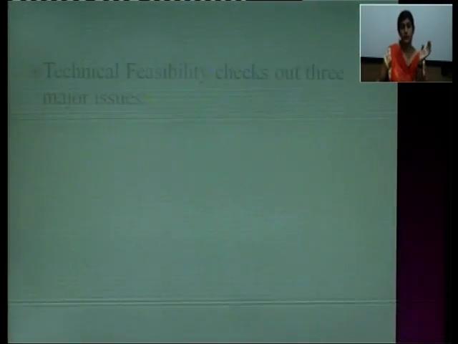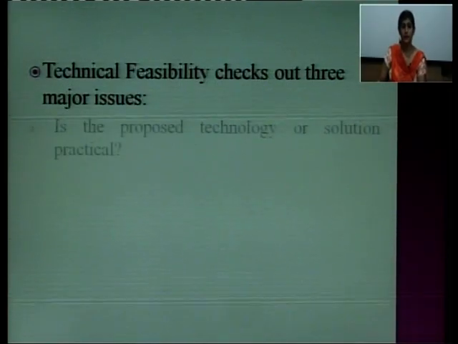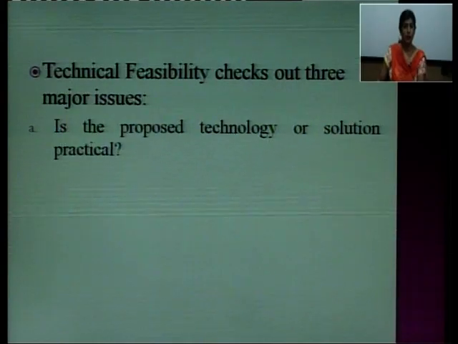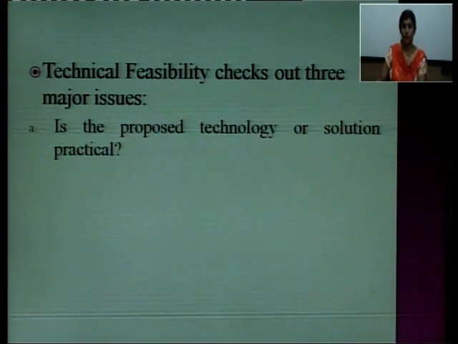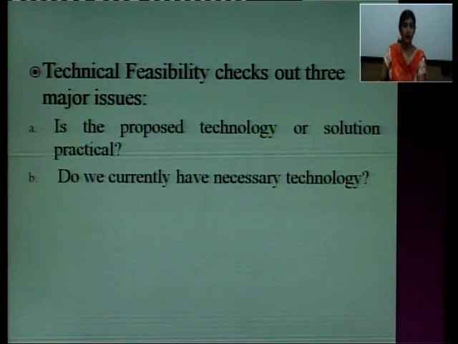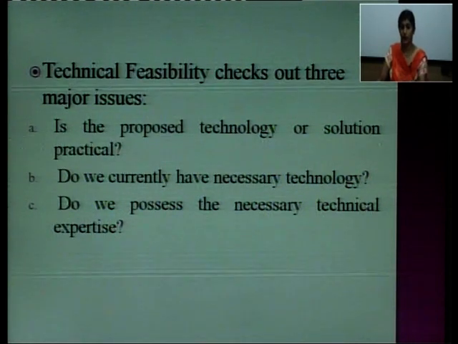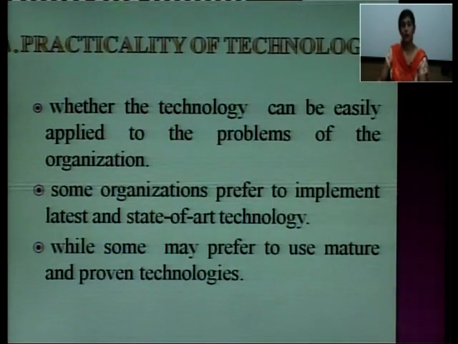Now, next is technical feasibility. Check out three major issues. One is, is the proposed technology or solution practical? Next is, do we currently have the necessary technology? And next is, do we possess the necessary technical expertise? Now, I will just explain what it is.